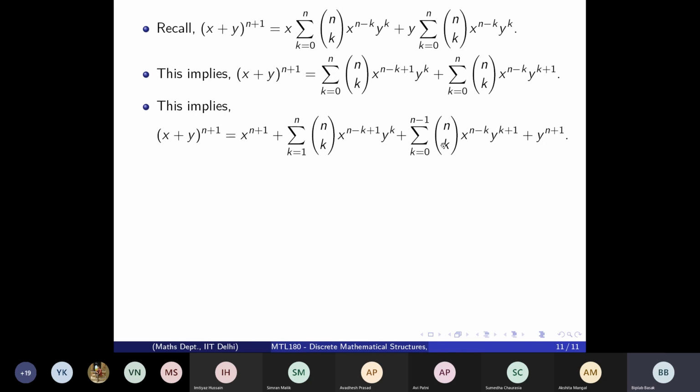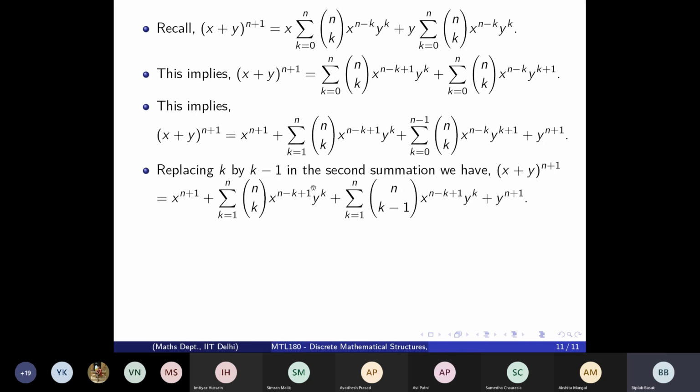So you just replace k by k minus 1, and this summation will then be k equal to 1 to n.